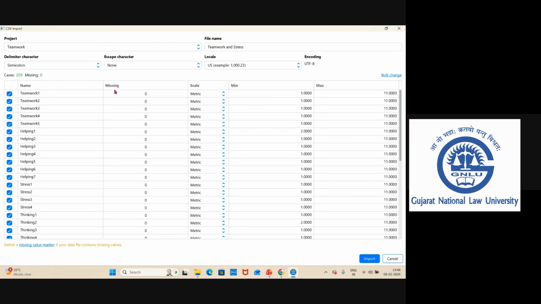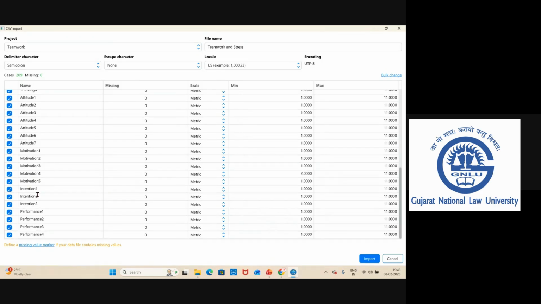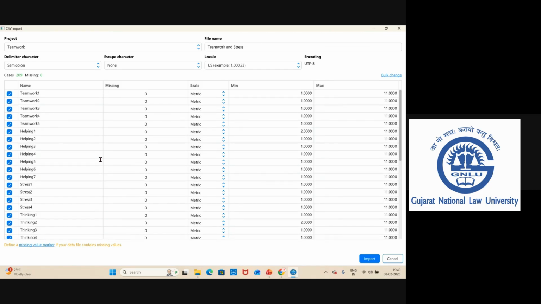This particular scholar collected data from 209 respondents. And we have teamwork, helping behavior, stress, thinking, motivation. I'll deal with thinking, motivation, and intention later as part of the moderation in the coming slide, tomorrow's session.